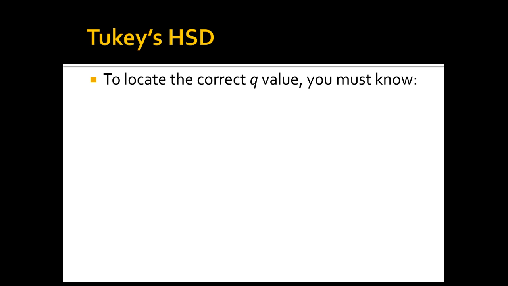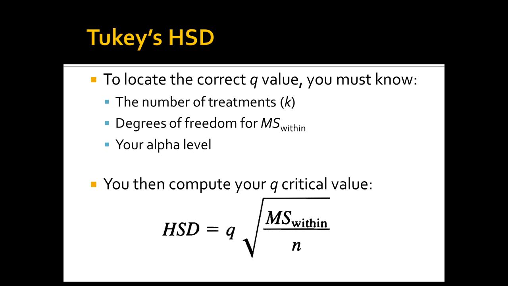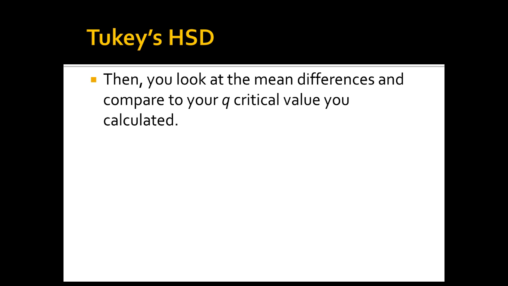And to locate the correct Q value, you must know the number of treatments, K, the degrees of freedom for the MS within, and your alpha level. This is all really easily obtainable information after you've already done the work to do the ANOVA. Then you use your Q critical value to compute your HSD value, and compare the mean differences to it.